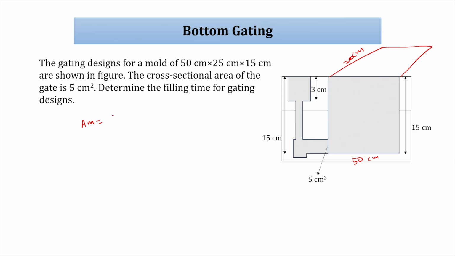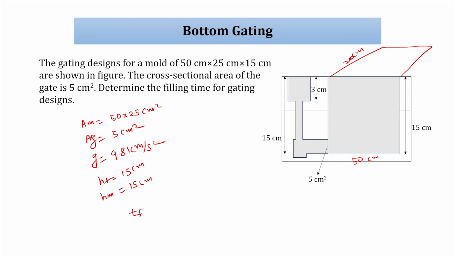AM will be 50 into 25, cross section area in cm square, AG is 5 cm square, G equal to 981 cm per second square, HT is 15 cm, HM is 15 cm.